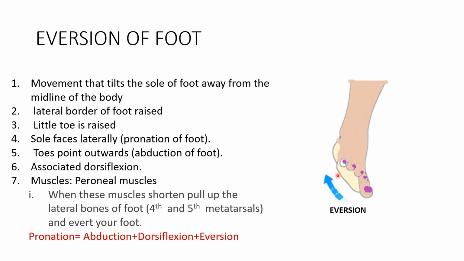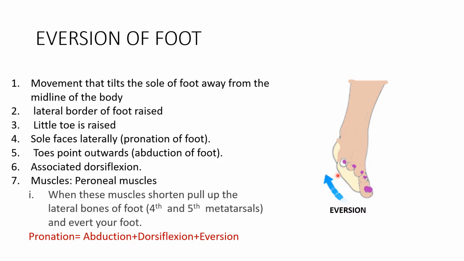These three are the muscles. When they shorten, they pull the lateral bones of foot. What are those lateral bones? They are the fourth and fifth metatarsals. That's how they evert the foot.